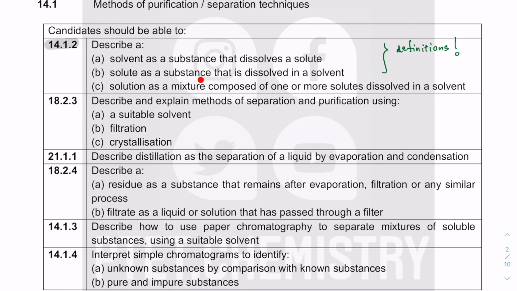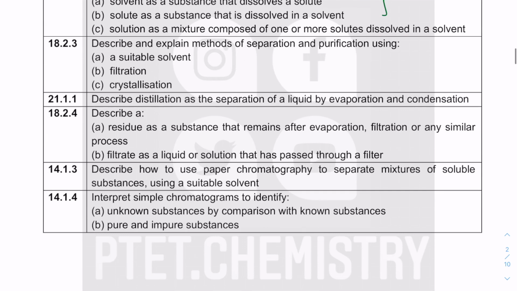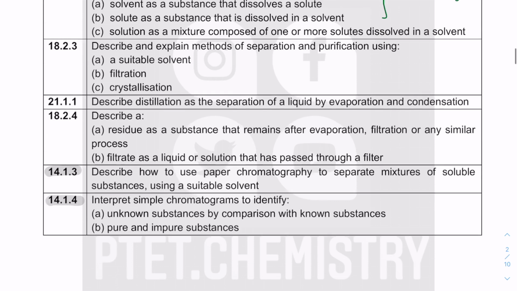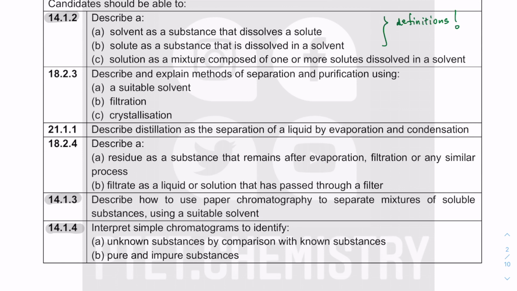Going on from there, I will not jump straight to filtration and crystallization. Instead, I'll decide to actually go through chromatography first, as well as interpreting simple chromatography. So this particular tutorial video will focus on this 14.1.2, 14.1.3, as well as 14.1.4.